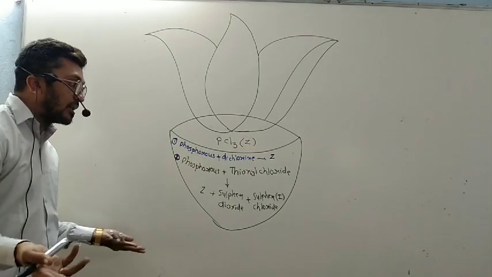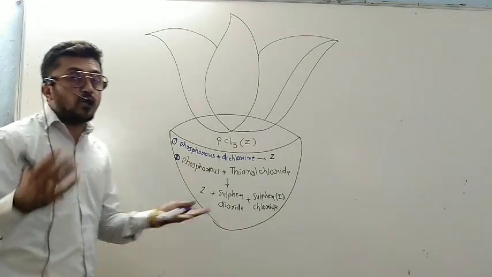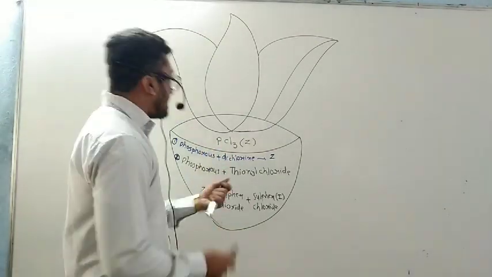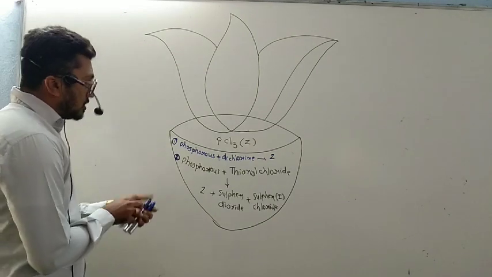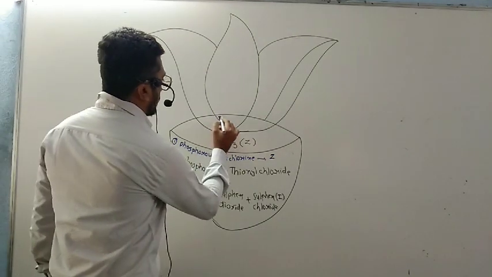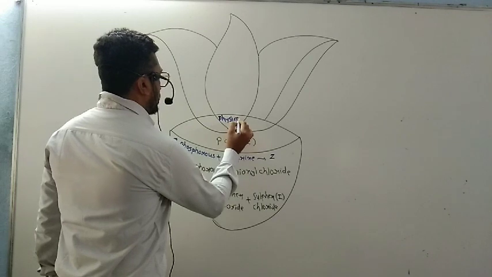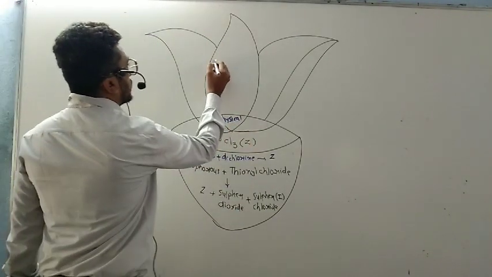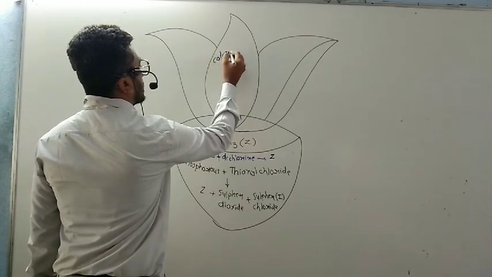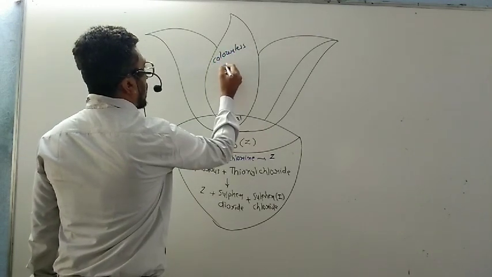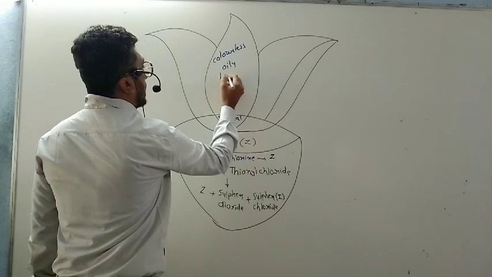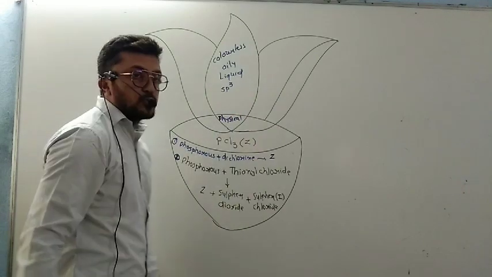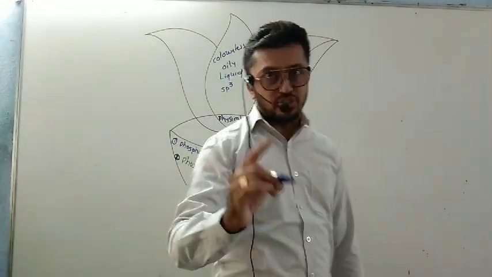A 2 marks question is again asked in the board exam, that explain only preparation of PCl3, and we will give this information for PCl3. Okay, now about the physical property. So phosphorus trichloride is a colorless, oily liquid, and it has sp3 hybridization.